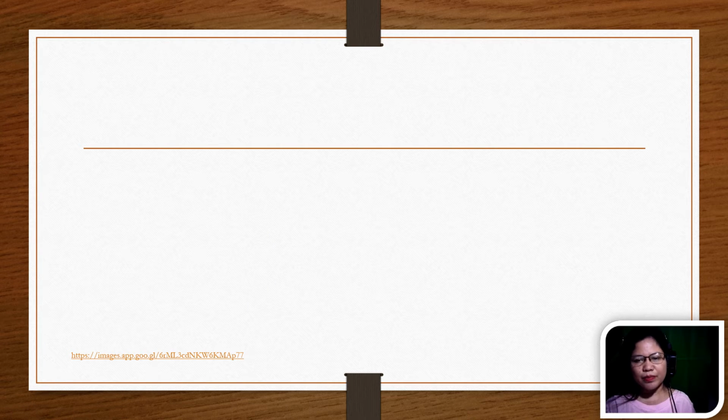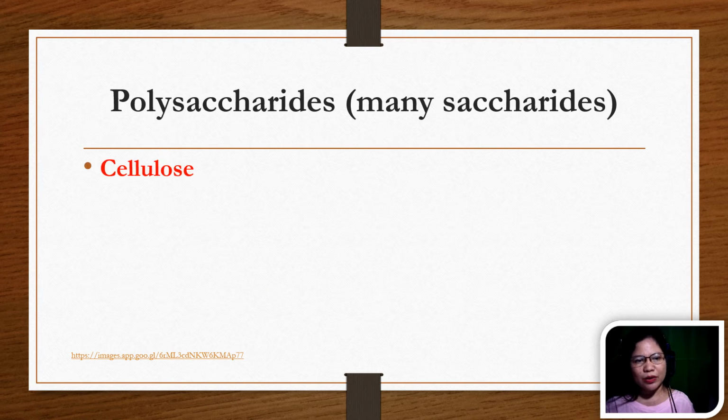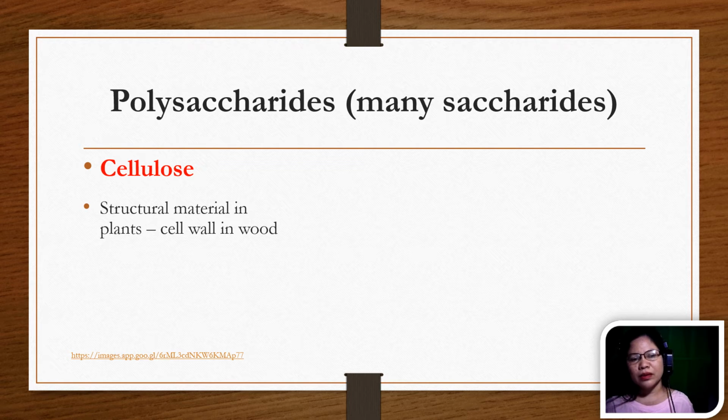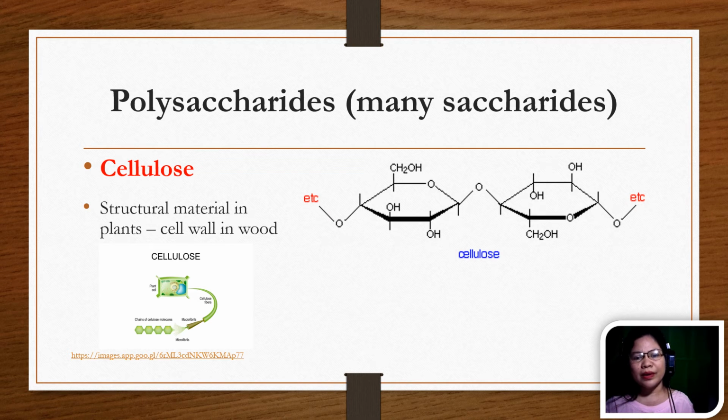Okay, the last type of polysaccharide is cellulose. Okay, when I say cellulose, they are found in plants, especially in the cell wall of wood. Now, this is how we locate the cellulose in plants, and this is the chemical formula for cellulose. Now, remember, cellulose is a fiber. It is a type of fiber that humans could not digest.